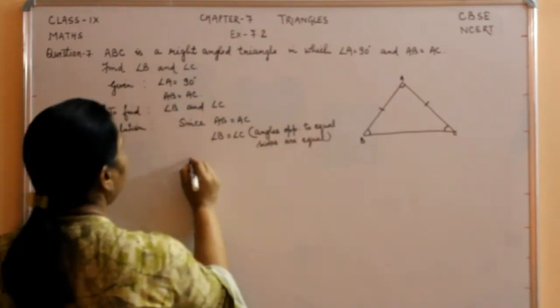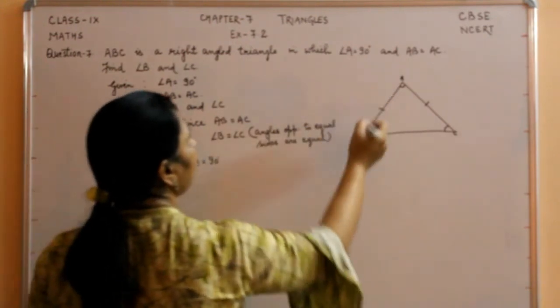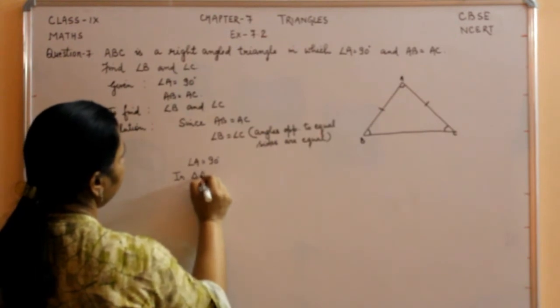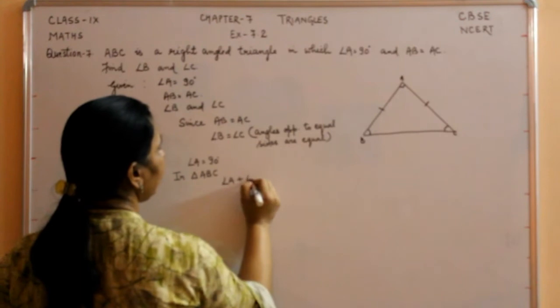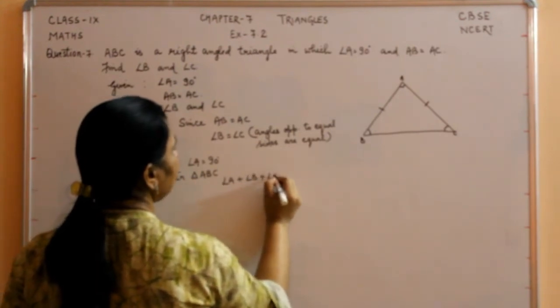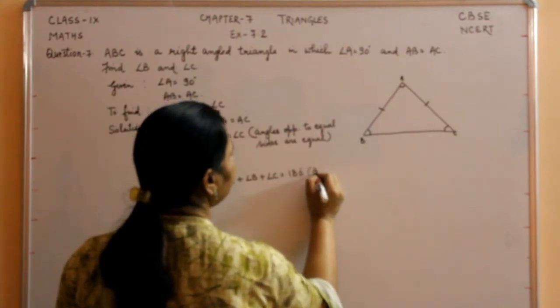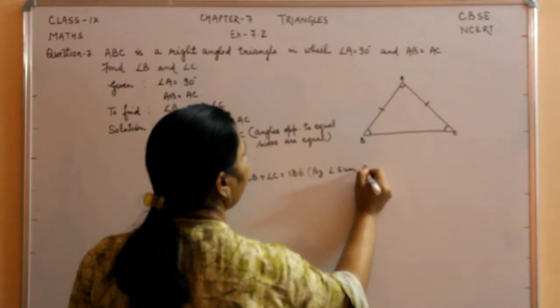And angle A is given 90 degree. So in triangle ABC, angle A plus angle B plus angle C is equal to 180 degree by angle sum property of triangle.